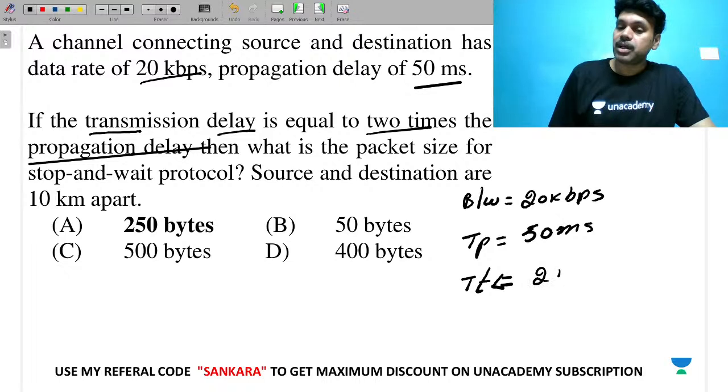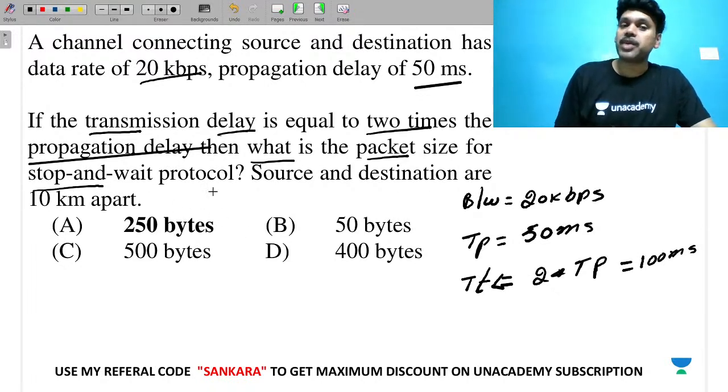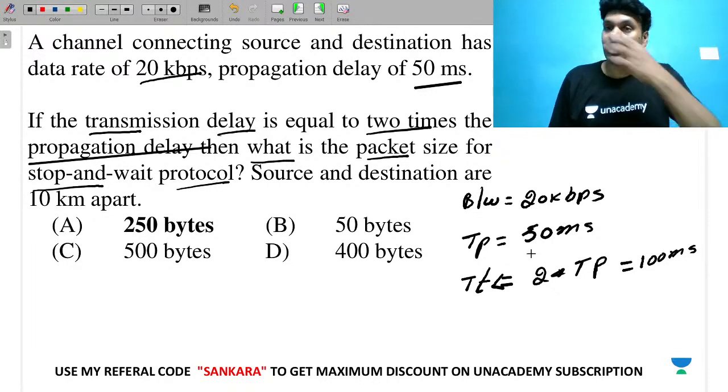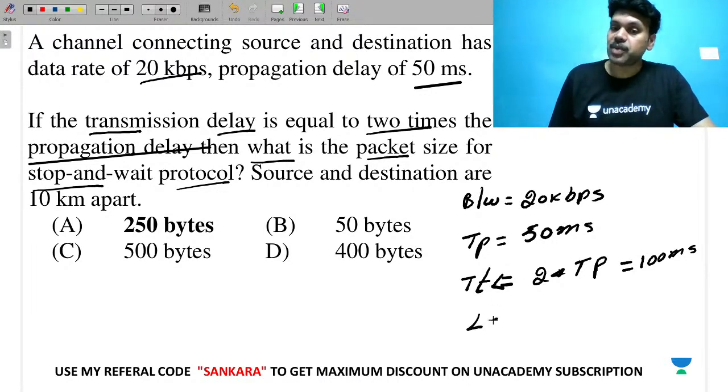Tt is double of your Tp, which is nothing but 100 ms. He is asking what is the packet size for stop and wait protocol. Please understand, he is asking what is the L value.